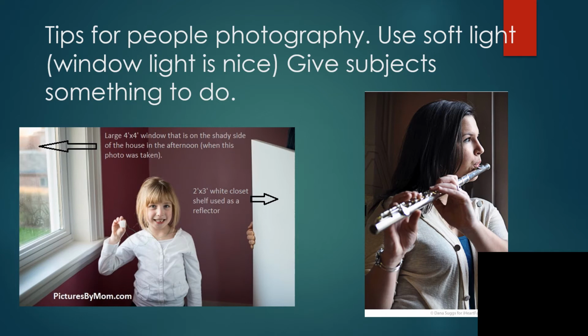If you have an east facing window, you might want to put a piece of clear plastic, like an old dry cleaning bag or a piece of shower curtain, to soften the light as it comes in.